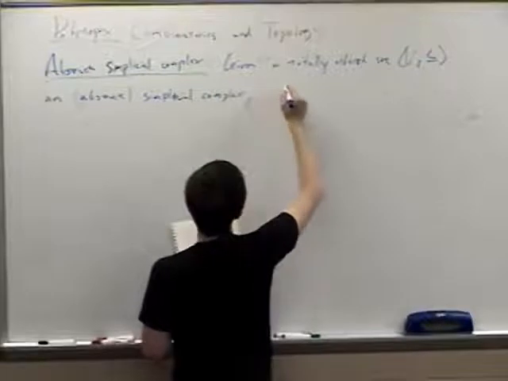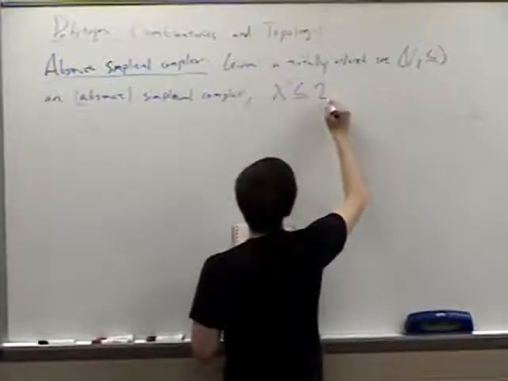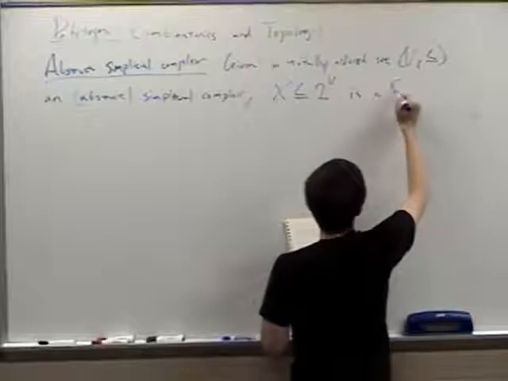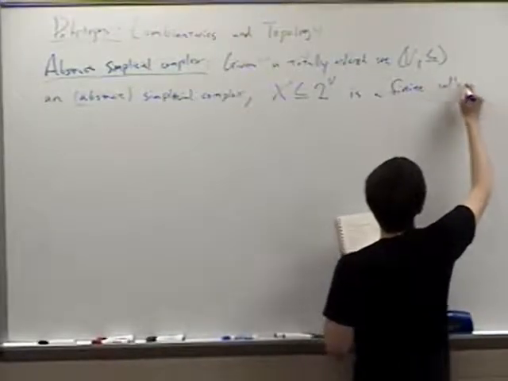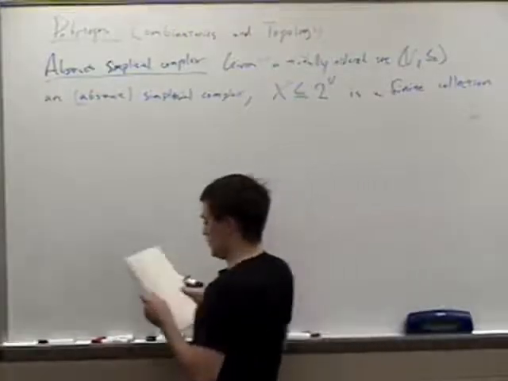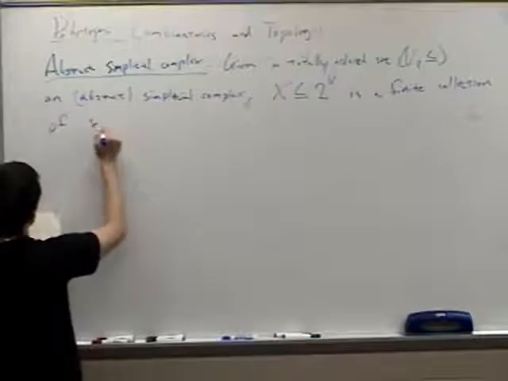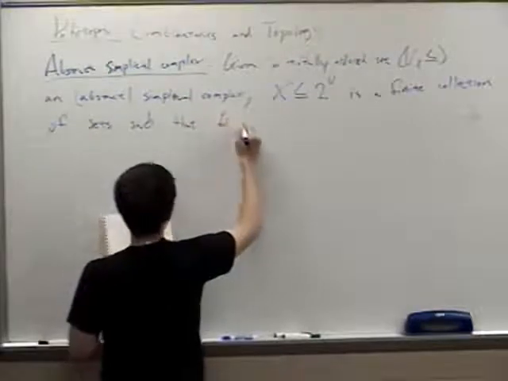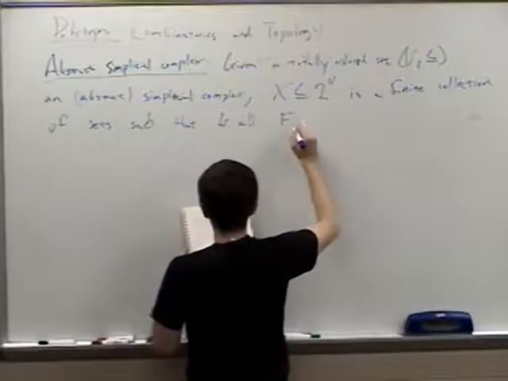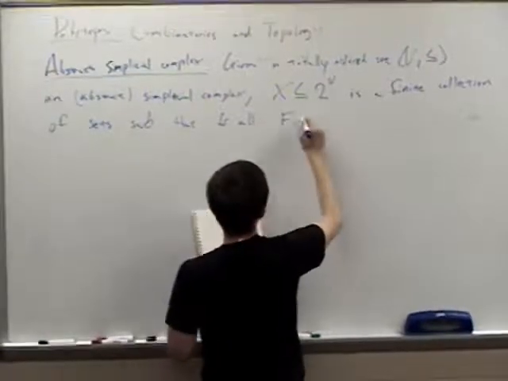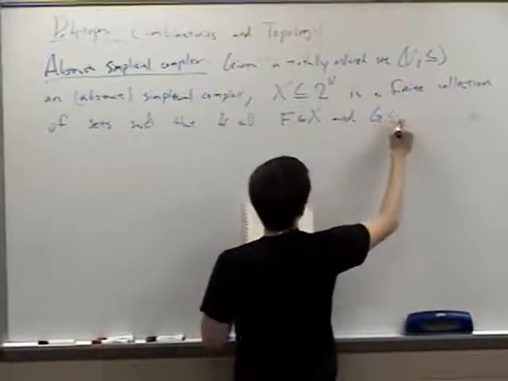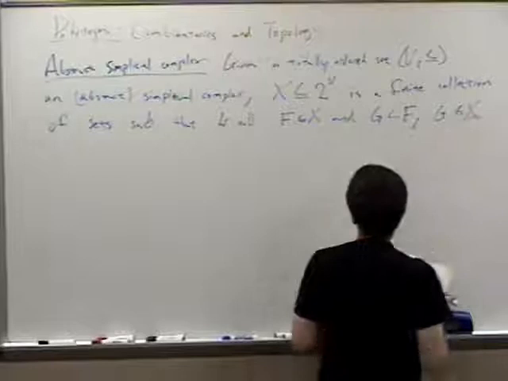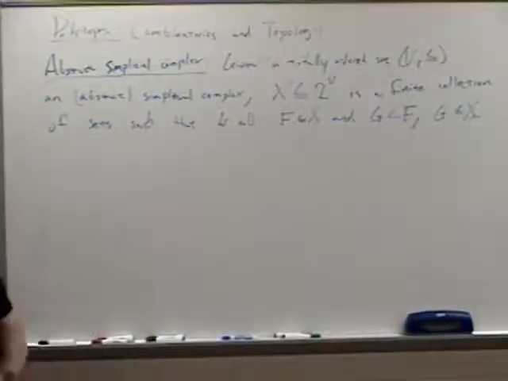X, some subset of 2 to the V, so this is the power set of V, is a finite collection of sets such that for all F in X and G in F, G is in X. So this is pretty much the same definition that we had before, except now we're just talking about finite sets.